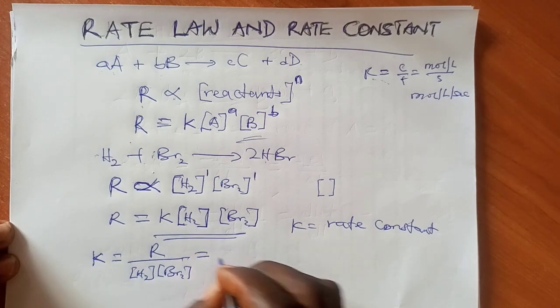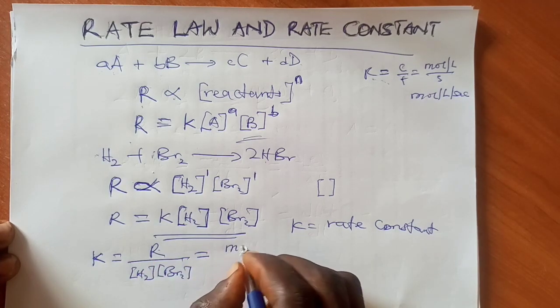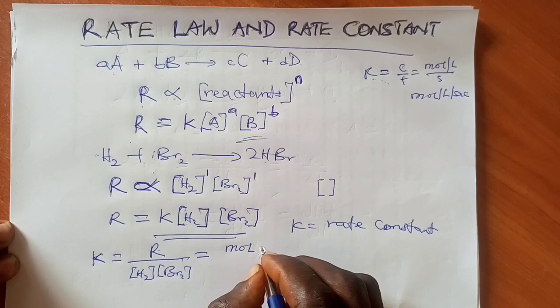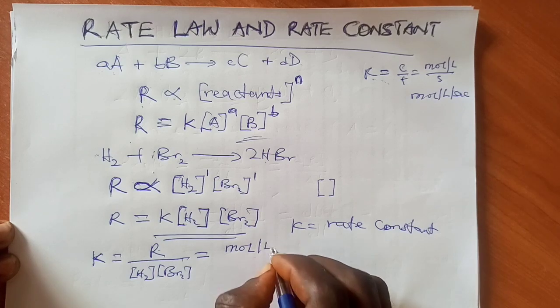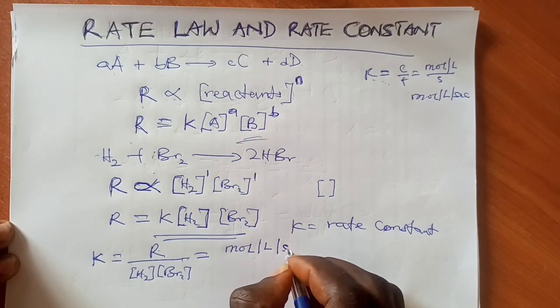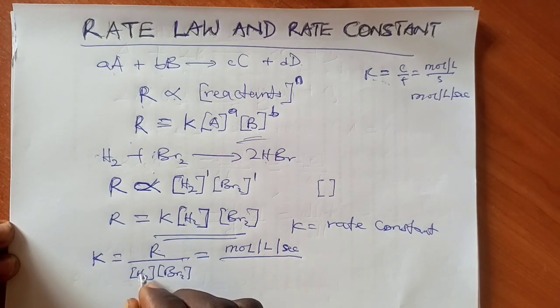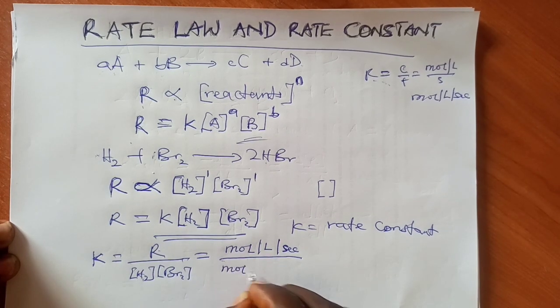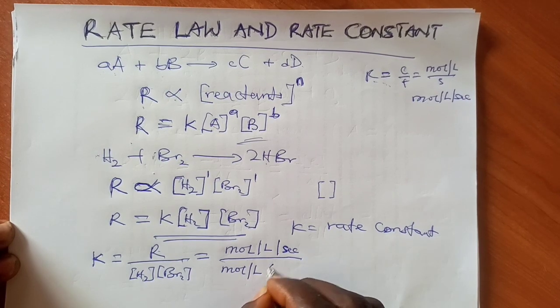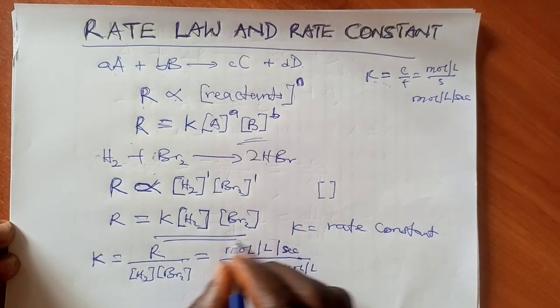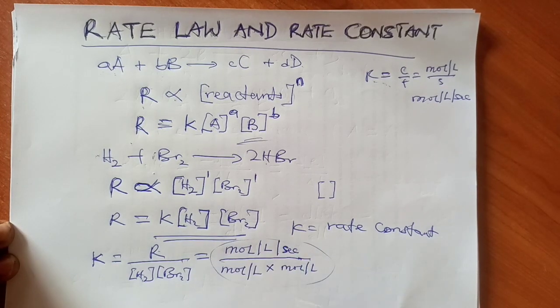So your rate here is mole per liter per second, divided by this one. Concentration will be what? Mole per liter times mole per liter. So you need to solve this. Whatever comes out of this gives you the unit of K, okay.